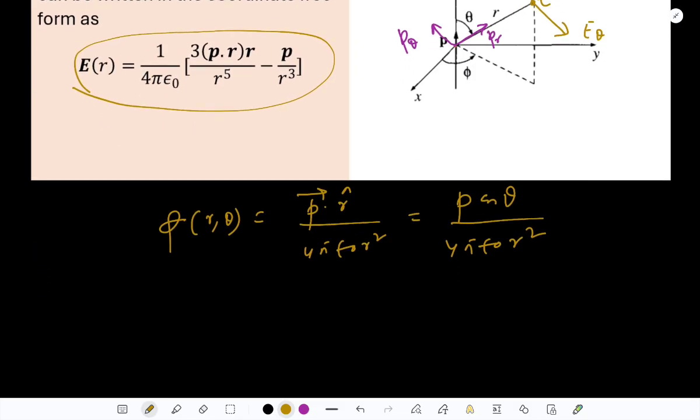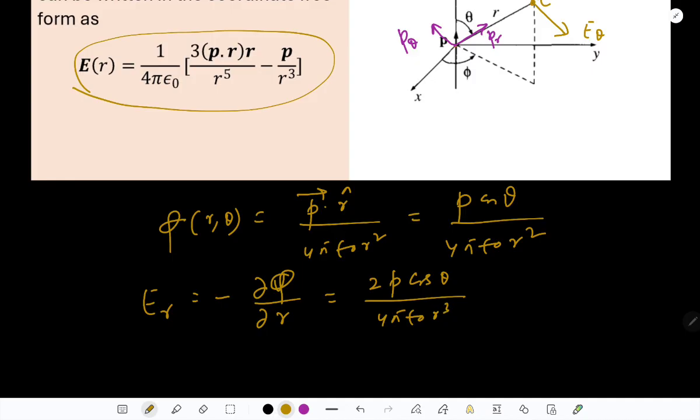So I'm going to find first the radial component of the electric field, and this is simply the negative gradient of potential, that is phi, and you know how to do this. You have to take theta as a constant and differentiate with respect to r, and your result is going to be 2p cos theta by 4 pi epsilon naught r cube.